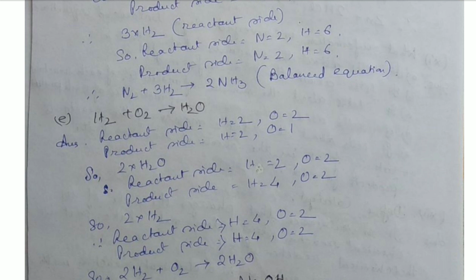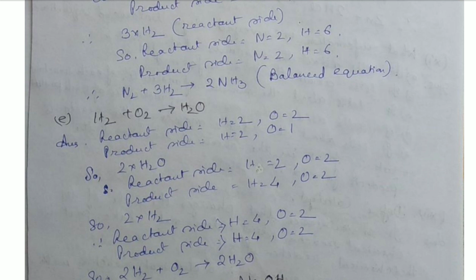Okay. Now H2 plus O2 gives us H2O. Now on the reactant side H is equal to 2, O is equal to 2, and on the product side H is equal to 2, O is equal to 1. So we take 2 into H2O. As we have multiplied the product H2O by 2, the product side H has become 4 and O is equal to 2.